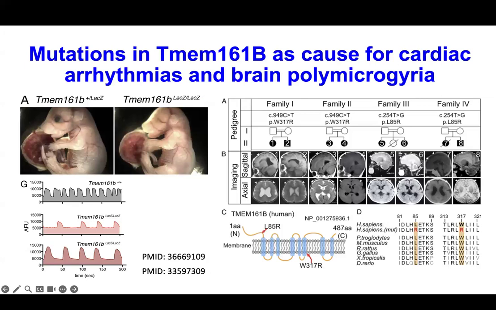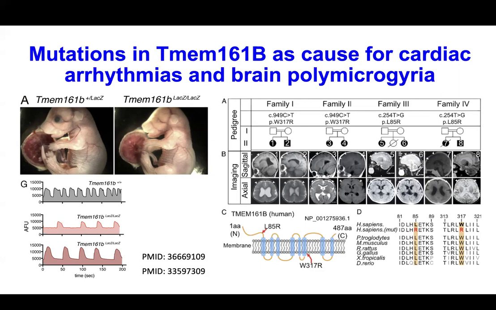And in human patients, so this was on the right, is a result from human genetic studies. They identified from a human pedigree, based on the MRI imaging, a dramatic phenotype of so-called brain polymicrogyria.